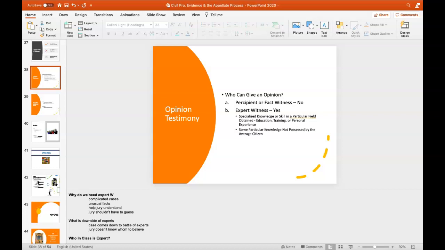An expert is someone with specialized knowledge or skill in a particular field obtained through education, training, or personal experience. Some particular knowledge which is not possessed by the average citizen.